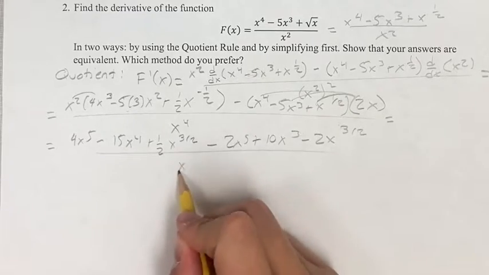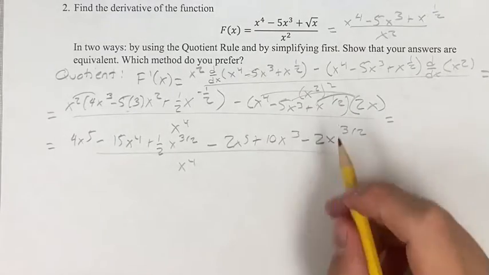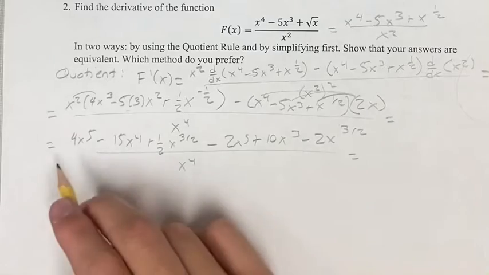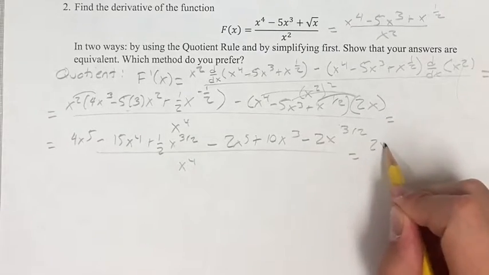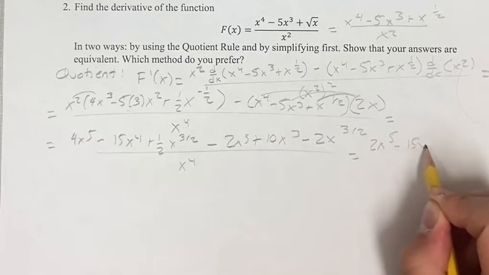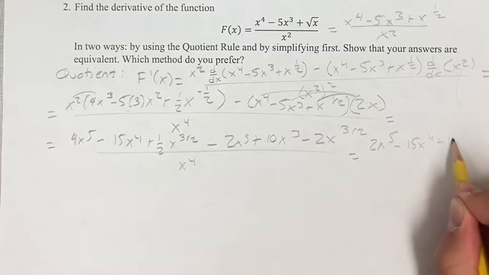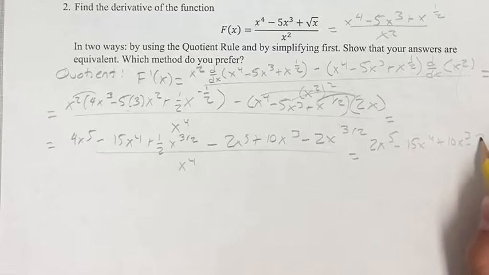This is all going to be over x to the fourth, which is going to simplify to 4x to the fifth minus 2x to the fifth is 2x to the fifth, minus 15x to the fourth plus 10x cubed minus 3/2 x to the 3/2.